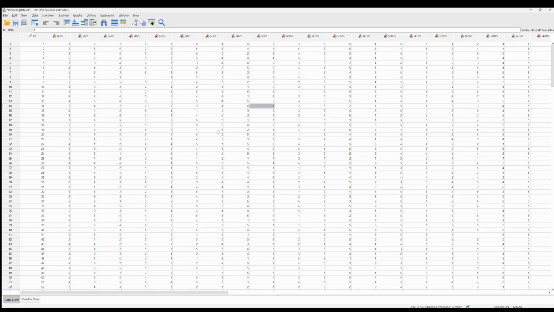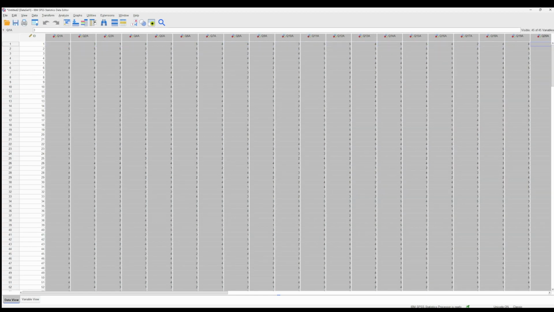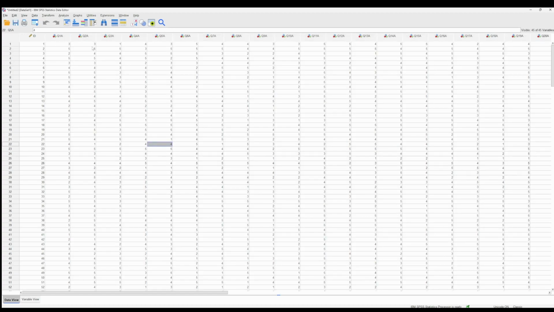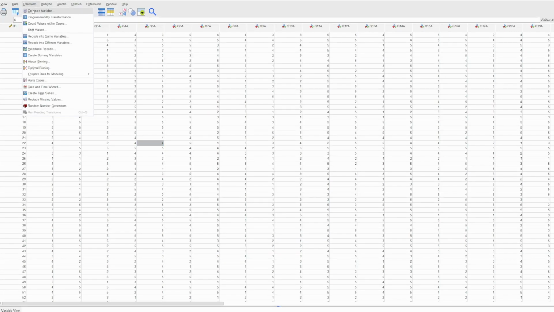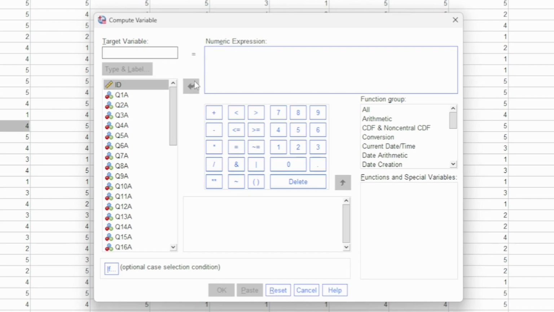So now we want to actually calculate. So Machiavellianism, the Mach 4 scale, is calculated by just summing up all of the responses, and the sum of the responses represents the level of Machiavellianism in this particular participant. Okay, so to do that, we would go to transform, compute variable, and simply we would just add all of these together.